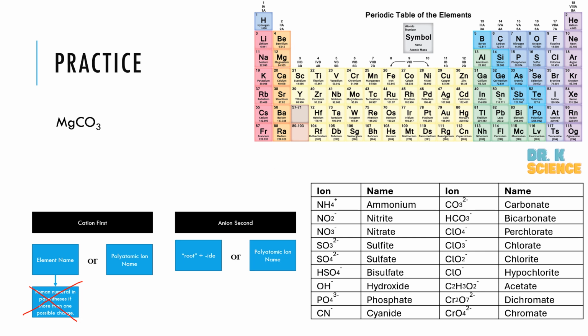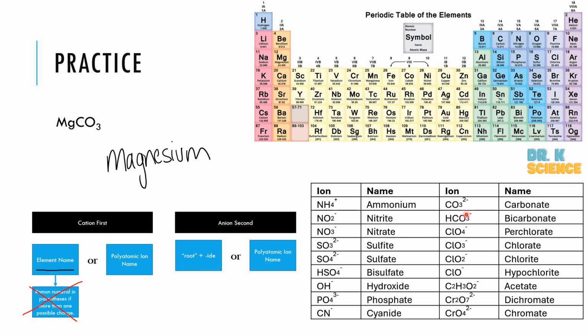For this, all we need to do is write the element name. That's our cation, and so we would write magnesium. Now, the rest of this is CO3. Now, let's go to our polyatomic table and see what our polyatomic ion name is, because we don't need to do that root plus ide. We come over here to this rule.